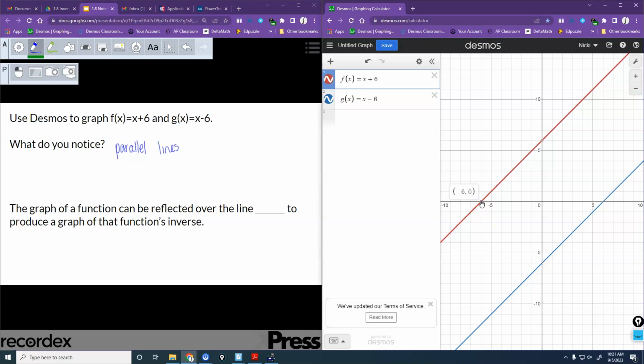What's my x-intercept for that red graph? -6, 0. What about on the blue? The x-intercepts are opposites. Does that happen on the y as well? Yeah, it does on this one.